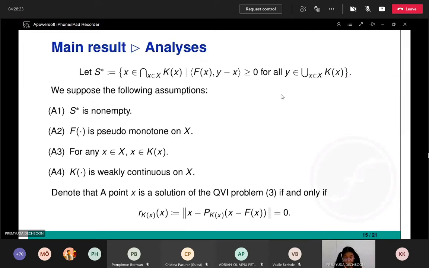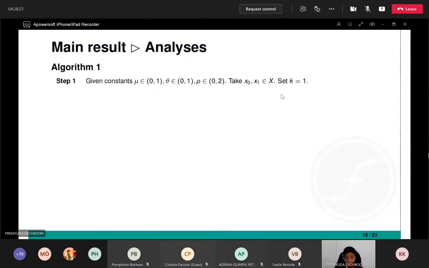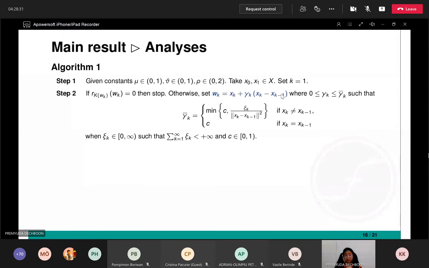Then we propose our algorithm. We give some constants here, and then the first step, the inertial step, is that we consider wk, where gamma k depends on this formula.